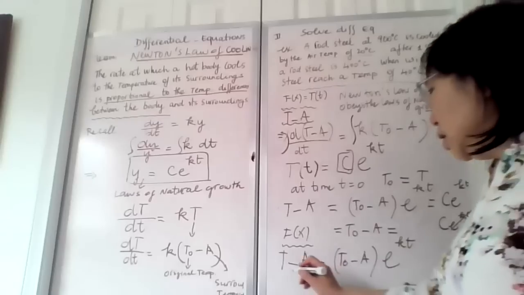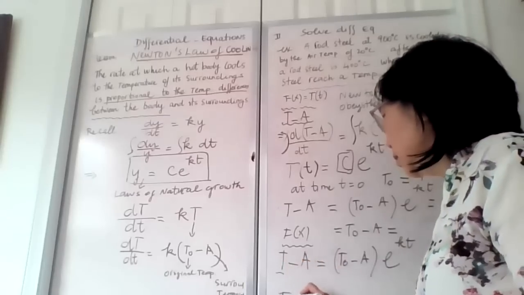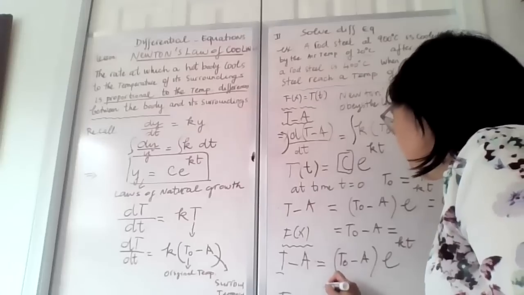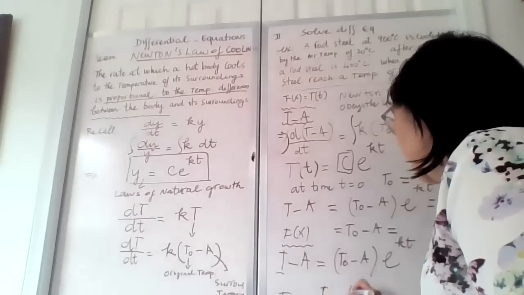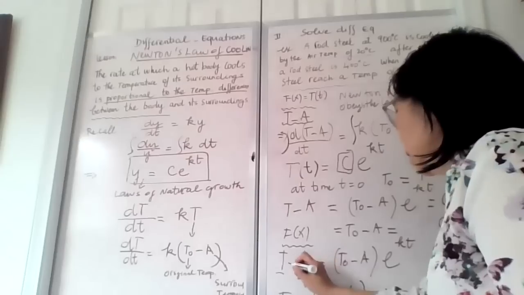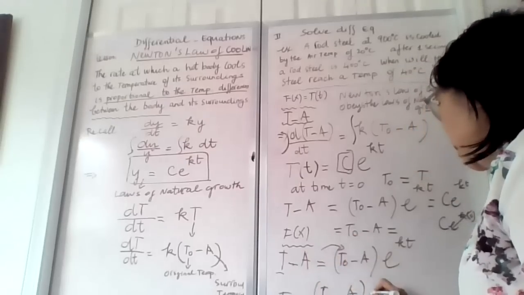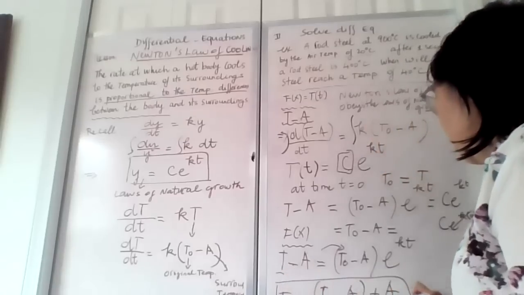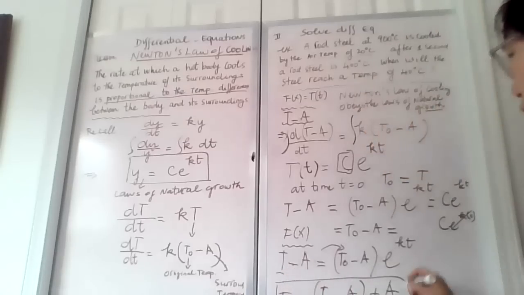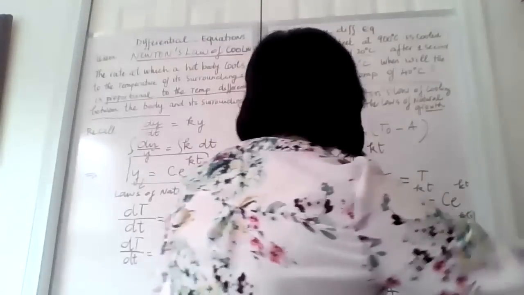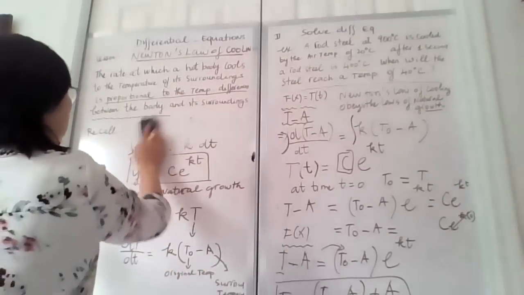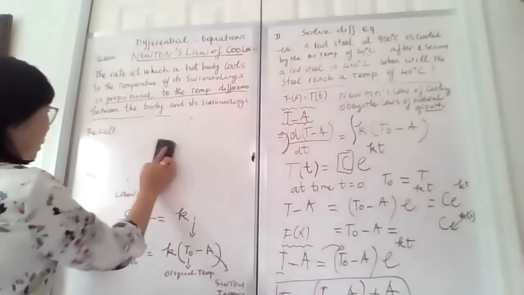So now, if we solve for T, what happens? We solve for T and we get T0 minus A times e^(kt), and the negative A moves to the other side and becomes positive, plus A. So this is the formula derived from Newton's law of cooling. And in this Newton's law of cooling, I'm going to have to erase some of this here so we can continue.